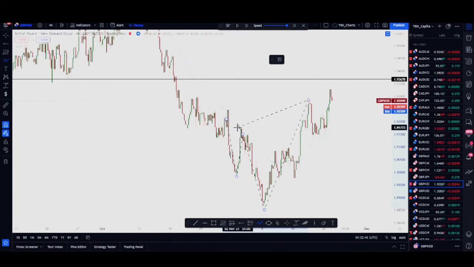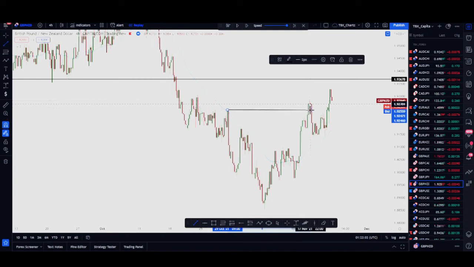So price broke the structure right here, higher low, and price broke the structure again, which completes a 1 to 3 trend reversal move. So it shows that the price is changing. We call this a change of character.